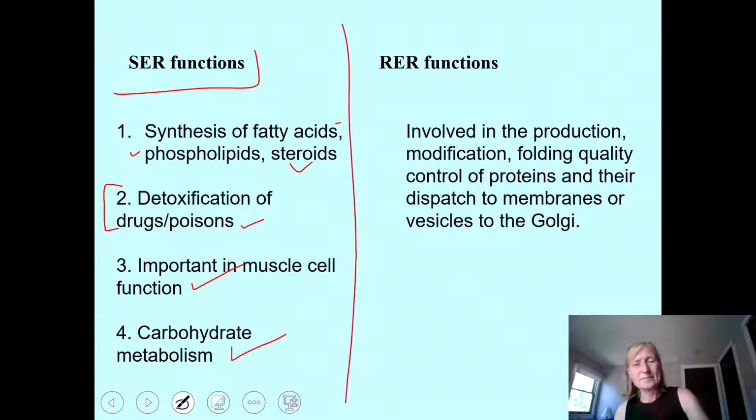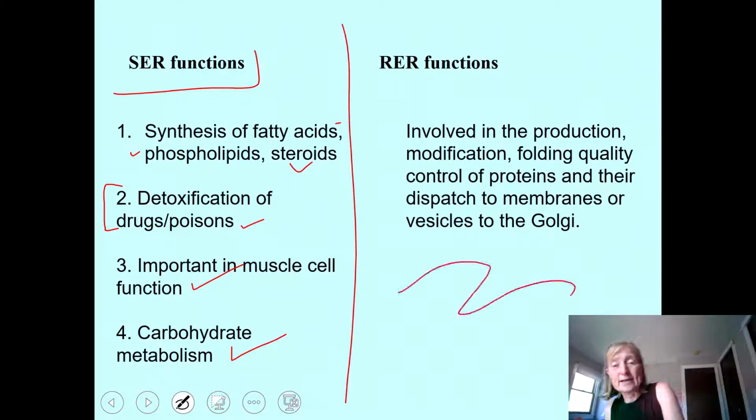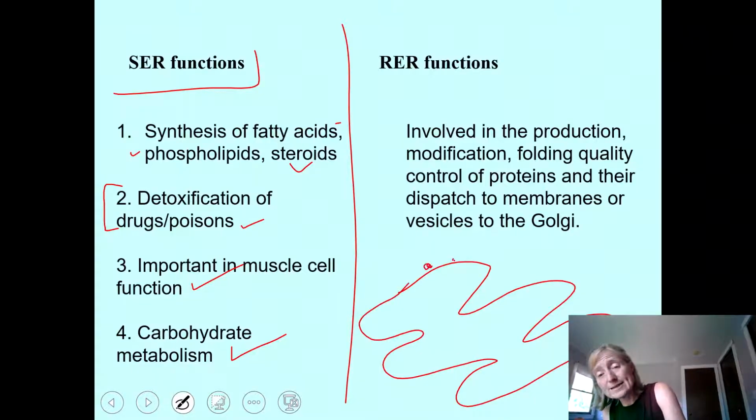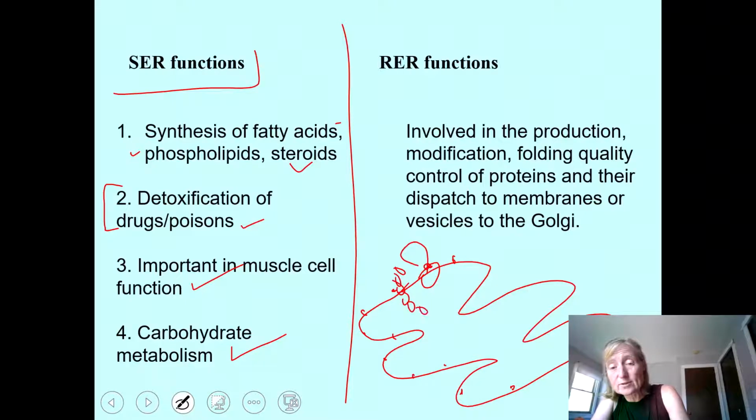The RER, remember, is that network of tubes or flattened sacs that has ribosomes attached to it. And ribosomes are the site of protein synthesis. Once these proteins are made, so if you've got a ribosome sitting at the surface of the rough ER, the protein that is generated, that's just that chain of amino acids, if you will, is shipped into the inside of the rough ER.